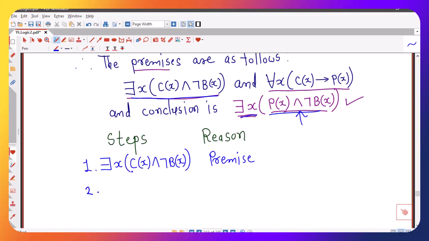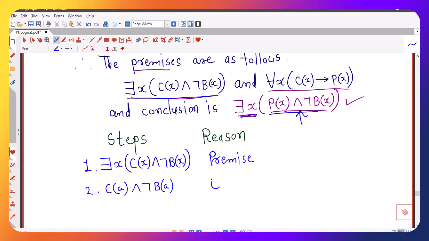Now from this I can say that this is true for some x. So suppose it is true for x equal to a, then I can write C of a and negation of B of a. This means there is some x such that C x and negation of B x. So suppose it is true for x equal to a, so we can write in this way.